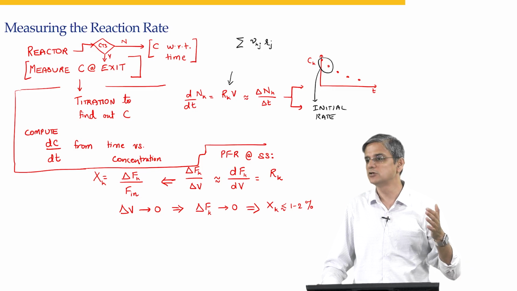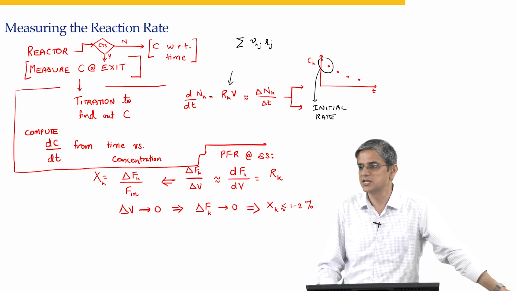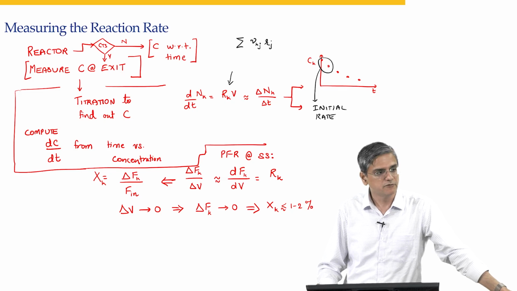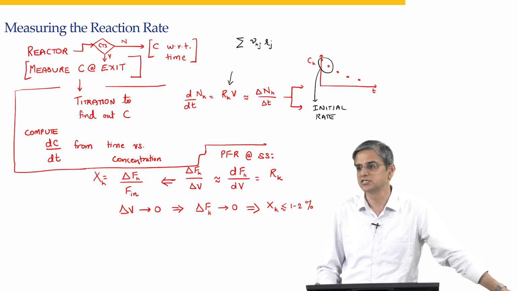Okay. So, let us look at, for example, the methanol synthesis example that I took. Okay. What we will do is, we will run the reaction with CO2 and hydrogen at low temperatures and very high pressures. At high pressures, it is the methanol reaction that will get speeded up quite a lot. So, we will get an idea about the methanol reaction.